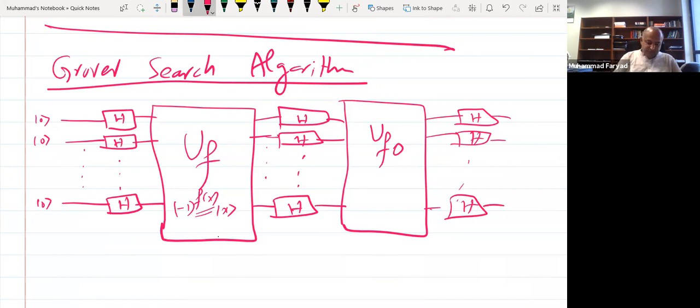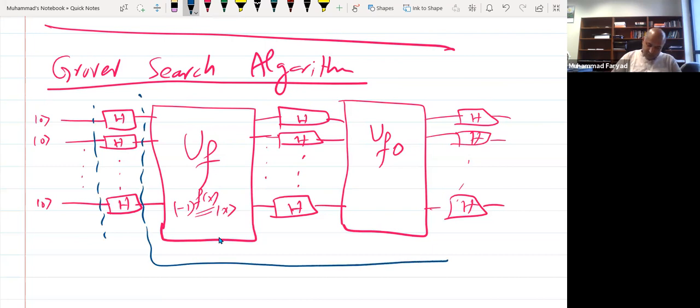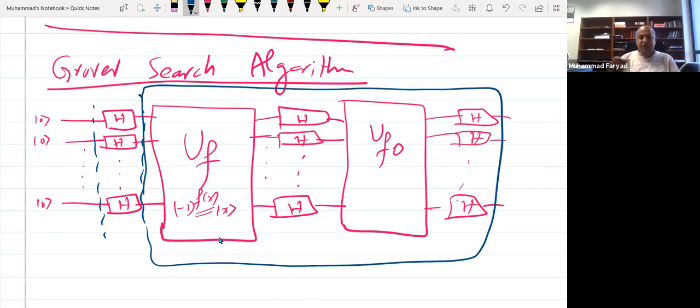And then in this algorithm, we have to perform, sorry, not this one, but this part. This part has to be repeated r times, and we will see how to find this number r.